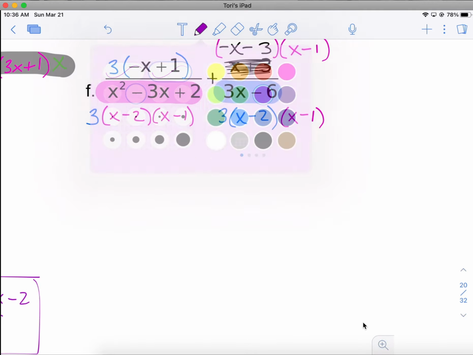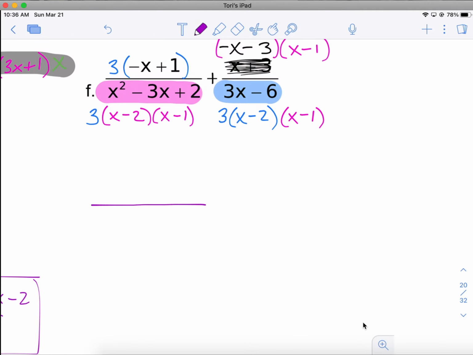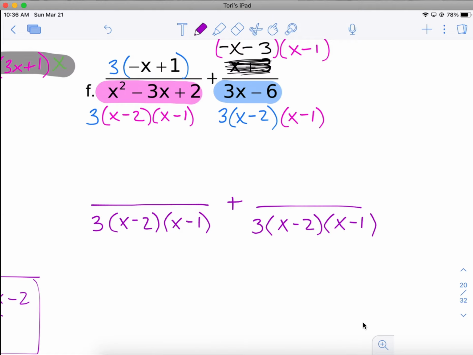All right, on the bottom, I'm going to have two fractions. Remember, we are adding now because we changed it. So we have the 3, x minus 2, x minus 1. On the top, let's go ahead and distribute this guy. So we have a negative 3x plus 3.